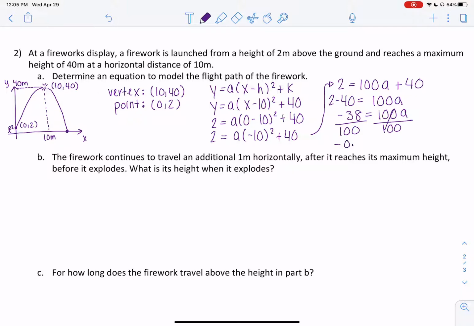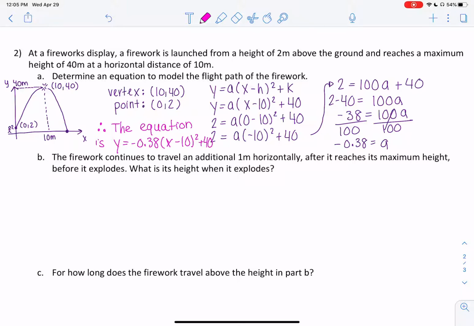So we'll have negative 0.38 equals a. So what we've learned is that the equation is y equals negative 0.38(x minus 10) all squared plus 40.